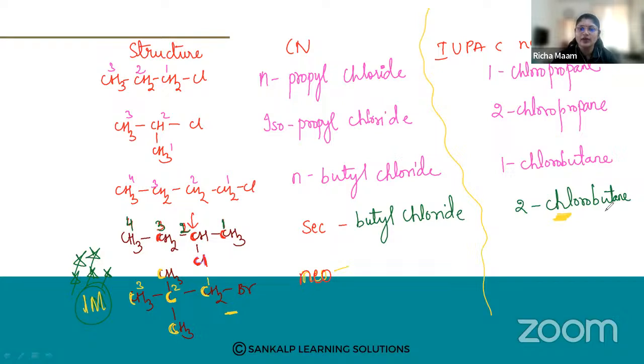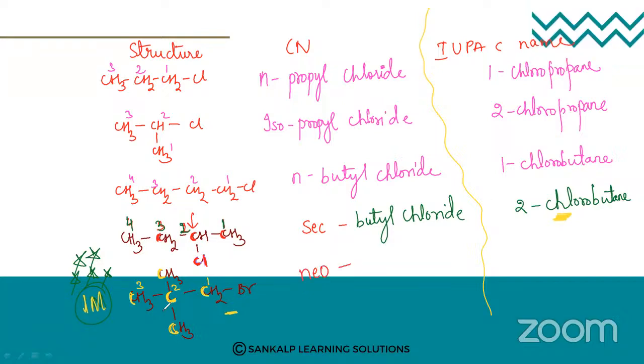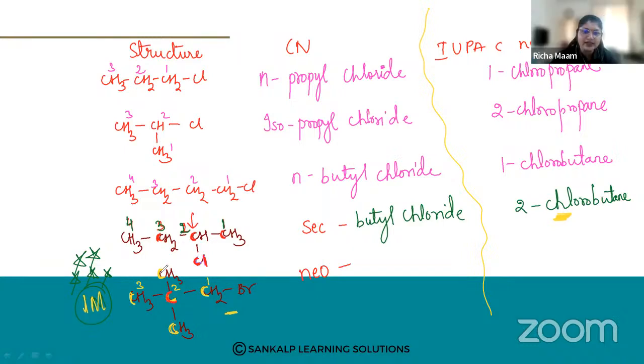What is neo? It is only when the carbon atom is attached to 4 carbon atoms. You can see this in the structure. Wait, let me erase all this. Did you note down the other things? I'll write only this last structure above.